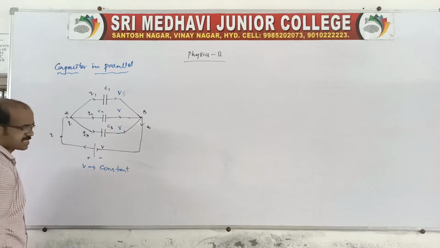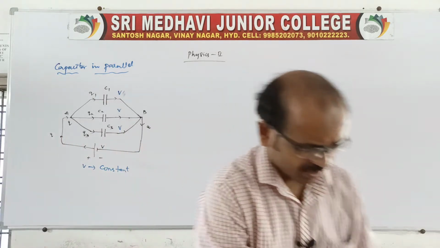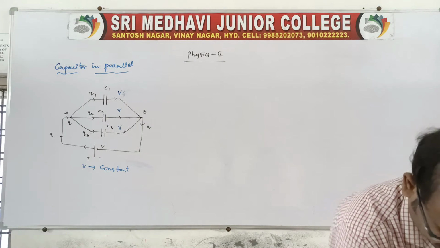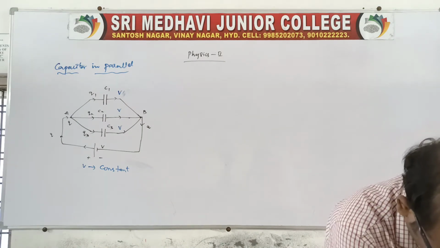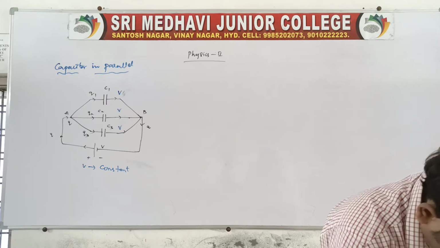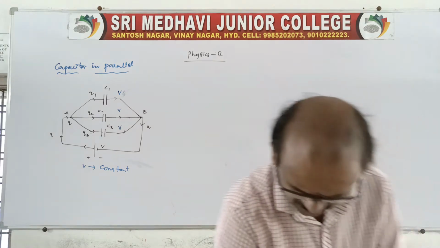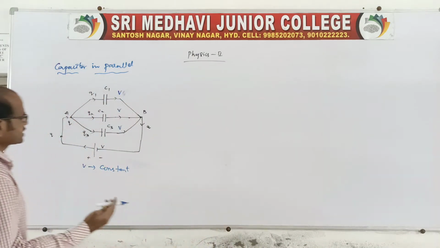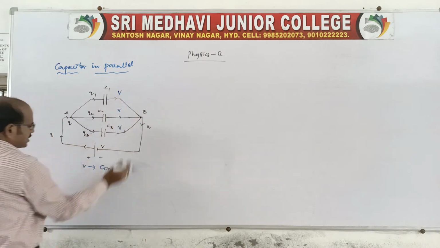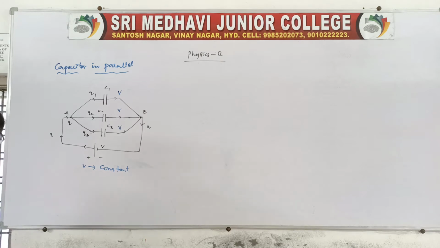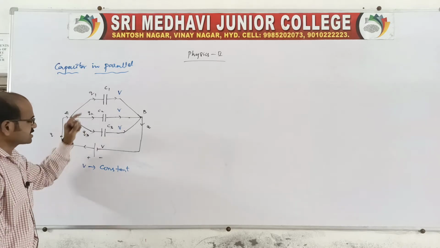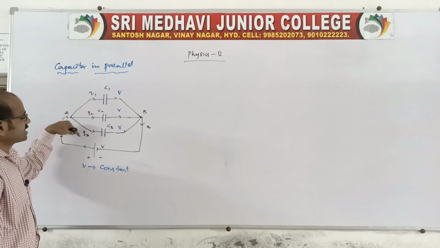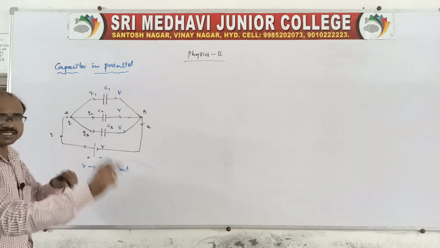But in a series combination the charge remains the same, whereas in a parallel combination the potential remains the same. V remains constant, and in parallel the charge is divided, but in series the charge remains the same.